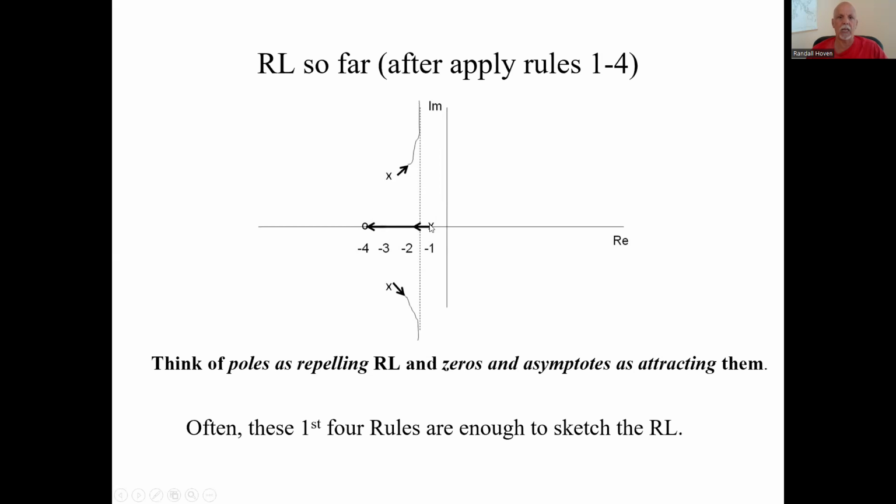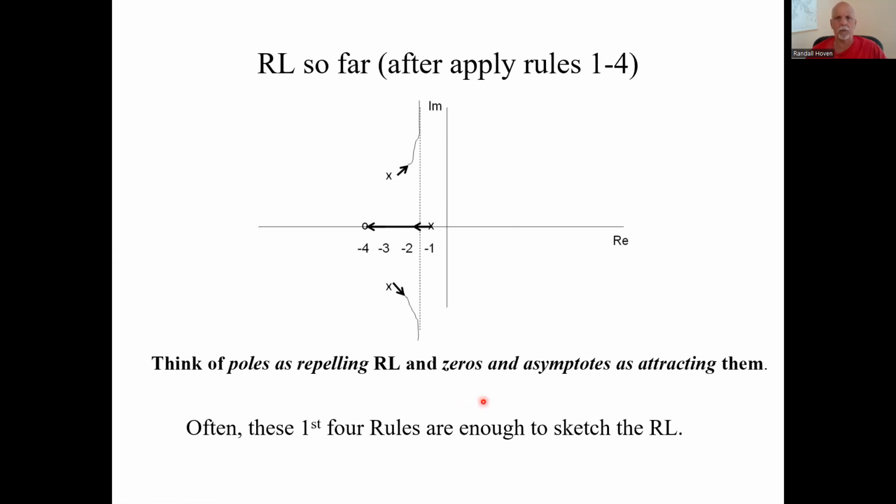You could think of it as the poles repel the branches, and zeros and asymptotes attract the branches. Sometimes it's not always obvious exactly where they go, but they don't do crazy things. It's always symmetric about the real axis.